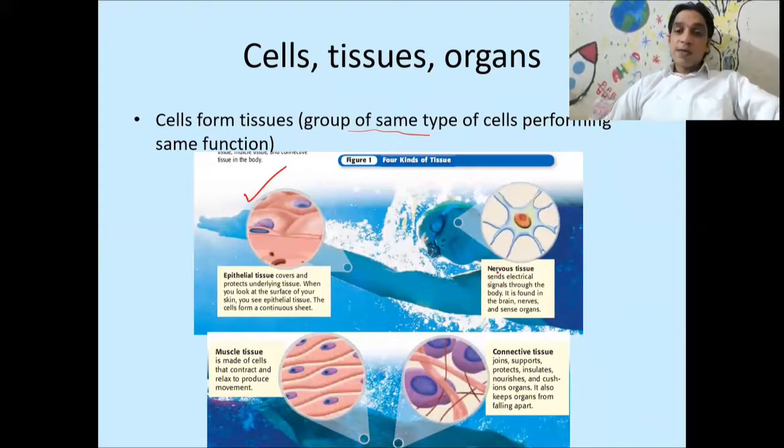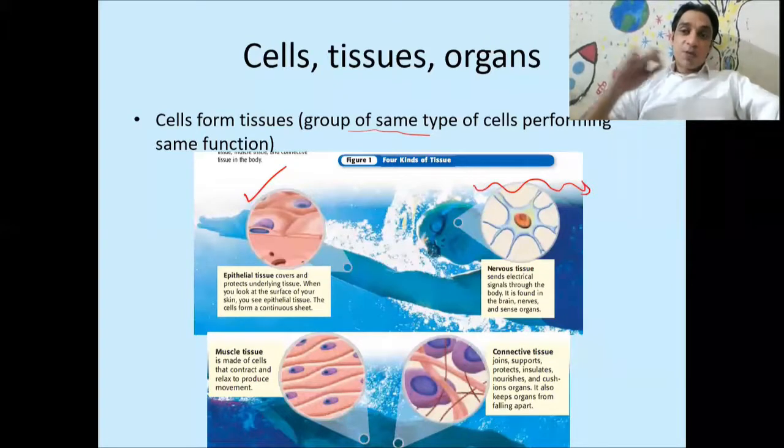The neuronal cells make the nerve tissues. When neurons work together, they make nerve tissue. The job of nerve tissue is to send signals from one part of the body to the other, so they are required to be long, and they should have structures which allow the neurons to transmit the nerve impulses.